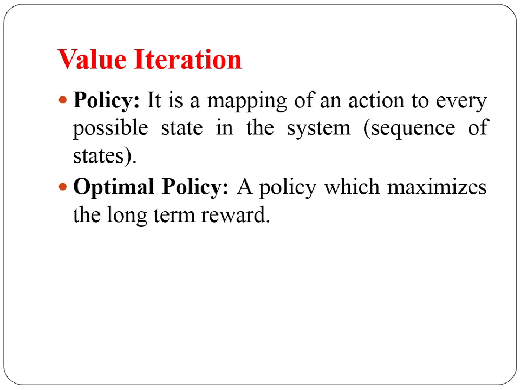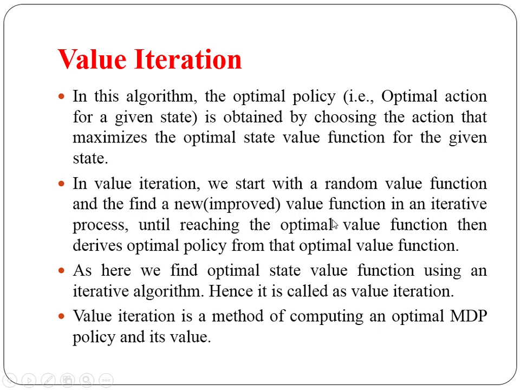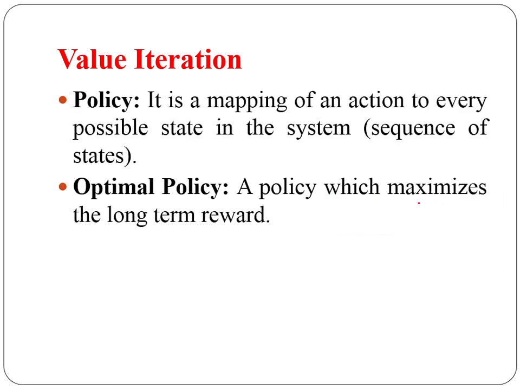For example, we have already seen the grid world example, right? Here is the destination, and these are the states S1, S2, S3, S4, S5, S6 and S7, and there is a wall. So what sequence of steps has been taken in order to reach the destination? This is the policy.